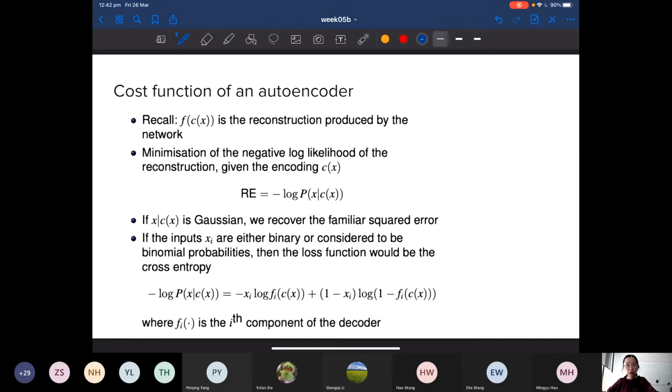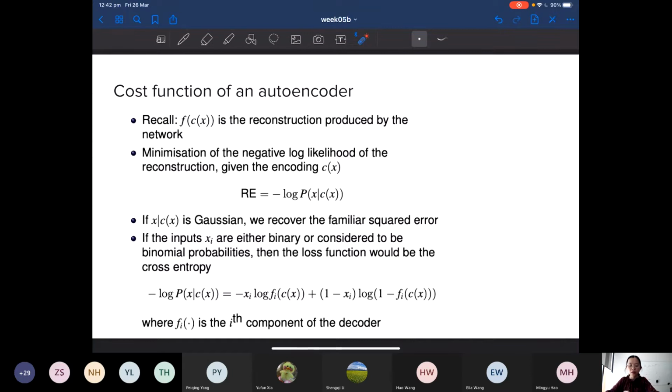Here we're just talking about the cost function a little more. As we said, F of C of X is the reconstruction produced by the network, through both parts of the encoder. Minimization of the negative likelihood of the reconstruction gives the encoding C of X. Basically, if we take the log of the probability of X given C of X, that could be an objective function.